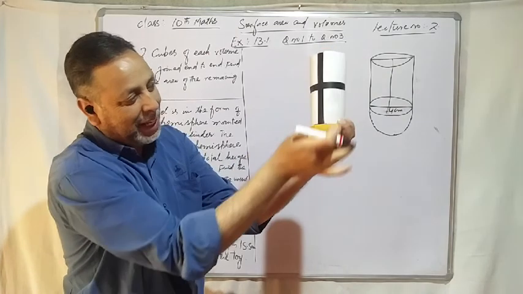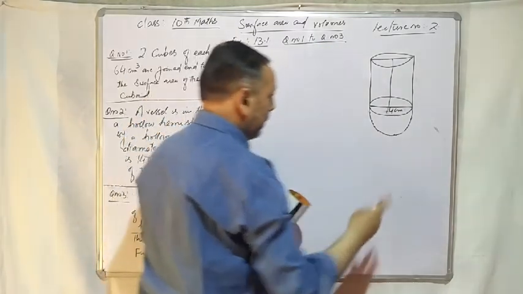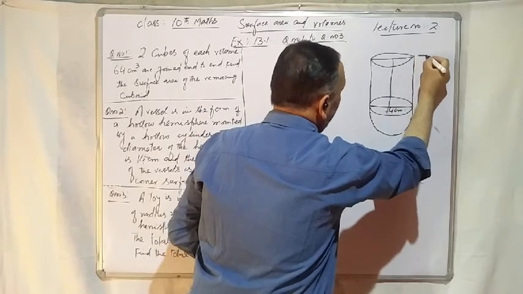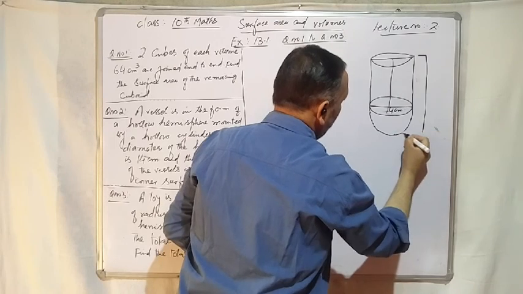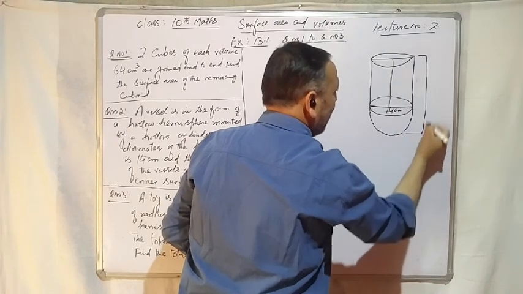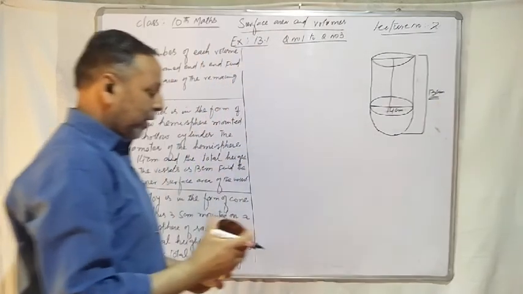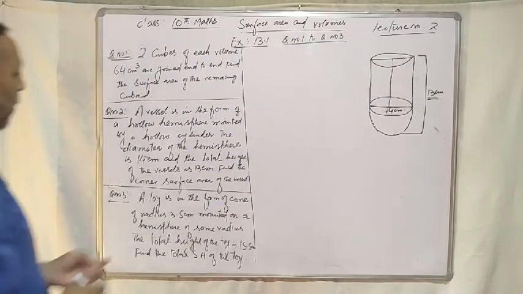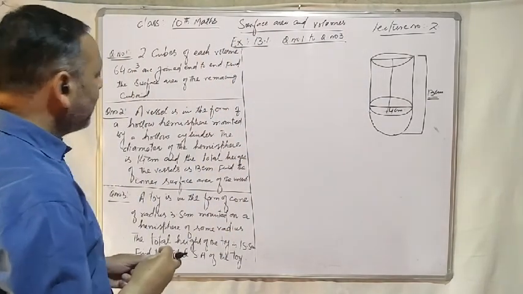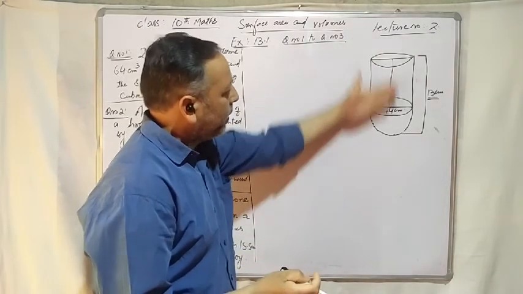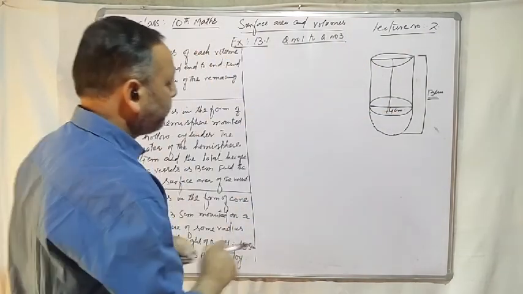This will be the total height, and it is 13 centimeter. Then find the inner surface area. Then you have to find the surface area of this vessel.